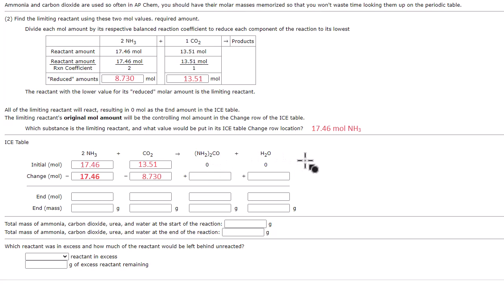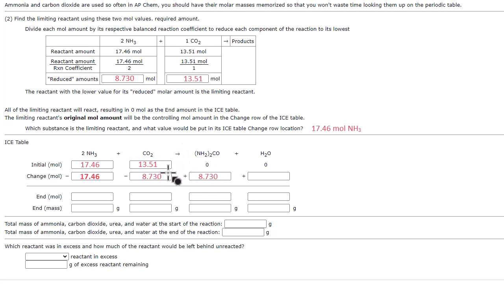Now the amounts that are produced, these are going to be added. Our change row is still governed by the limiting reactant. So I'll have, because there's a 1 there, 8.73 CO2. That's based on my 17.46, 2 to 1. And of course, we have a 1 here and a 1 here.